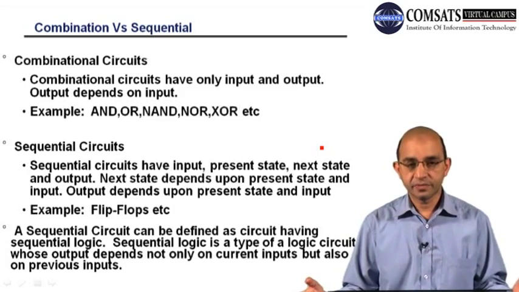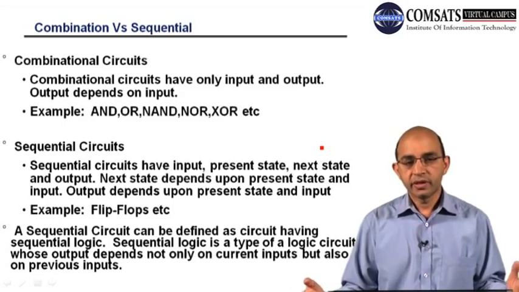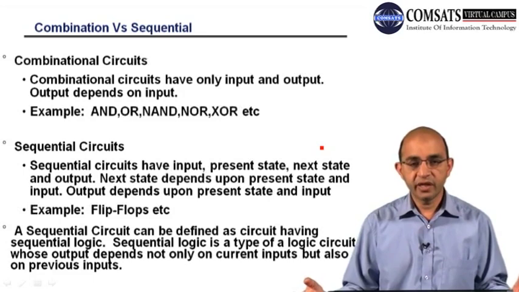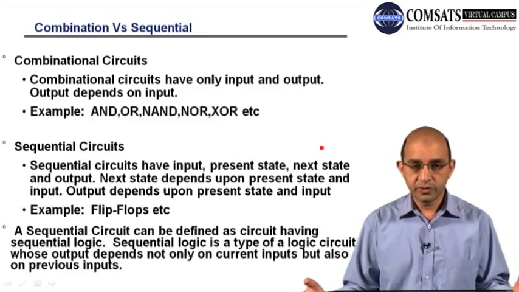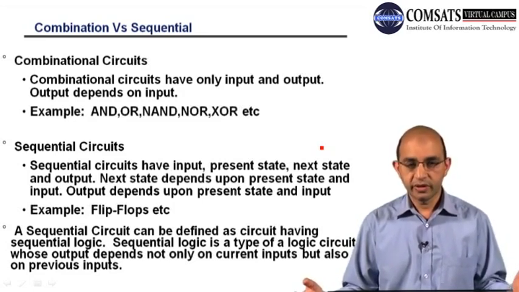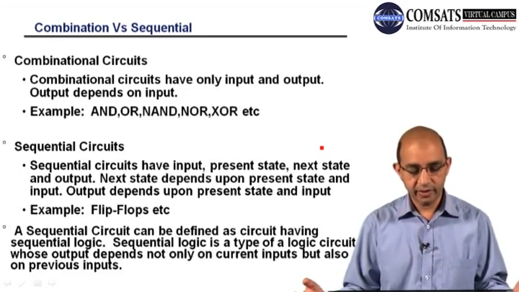Moreover, combinational circuits don't have any capability to store the output. And they are made from the basic building blocks of digital logic design, that are AND, NOT, NAND, NOR, XOR.